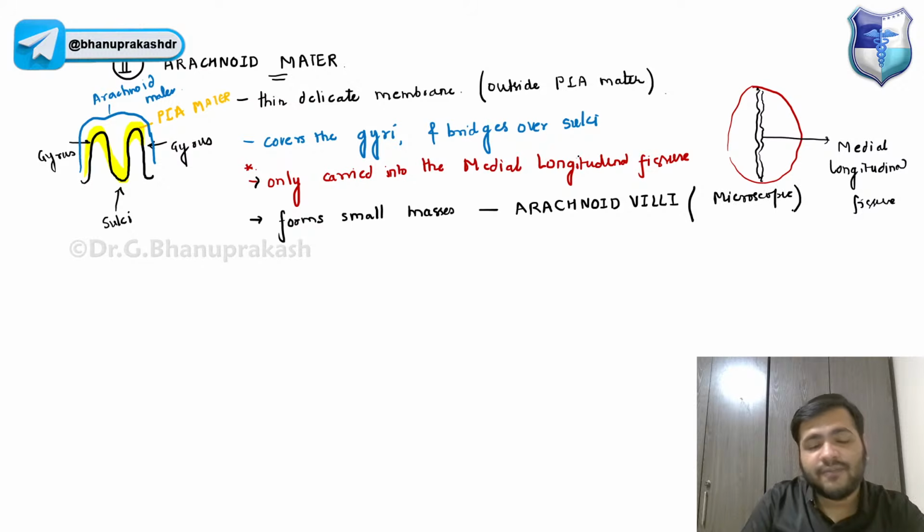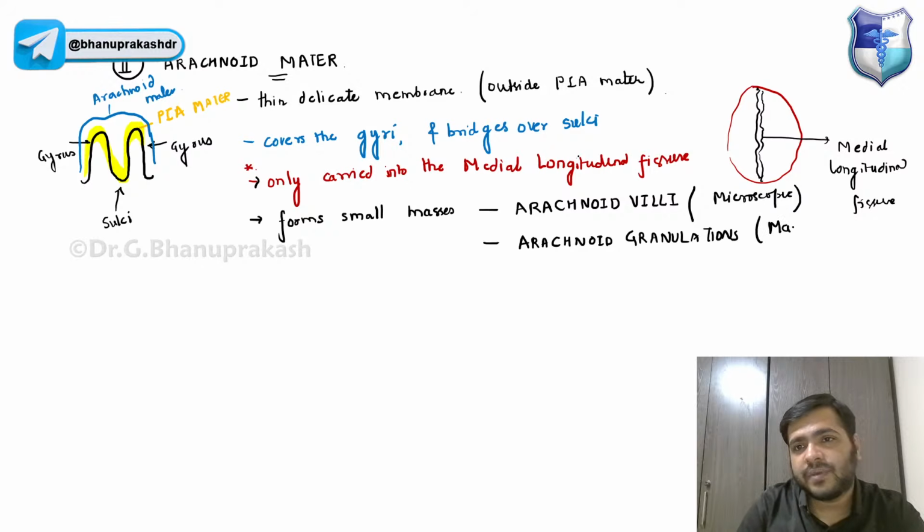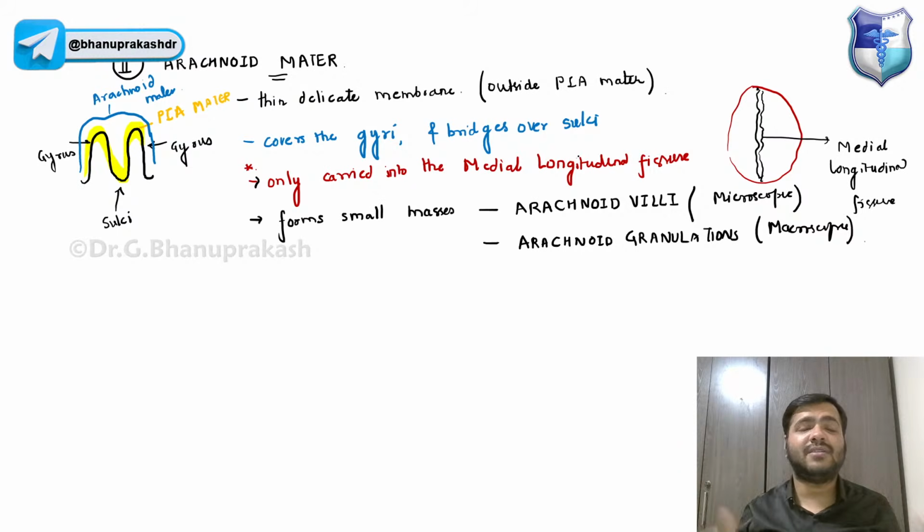I will be teaching you how they are formed. Apart from that, they are also carrying the arachnoid granulations. I will be teaching this, no need to worry. Now this is something macroscopic. There is a sinus above that is called the superior sagittal sinus, and we have the transverse sinus.